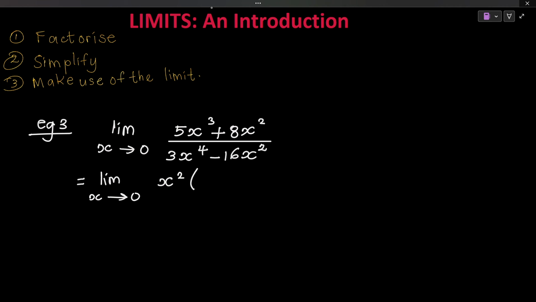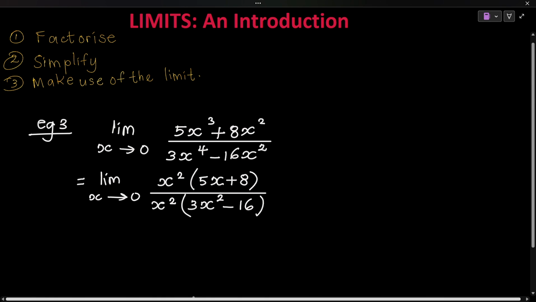We're going to pull out that x squared as a common factor, and in our first term, we are left with 5x plus 8. In the denominator, we're also going to pull out x squared. In the first term, we are left with 3x squared minus 16. Now, once we've factorized, we notice that we've got x squared in the numerator, x squared in the denominator. They can cancel out with each other.